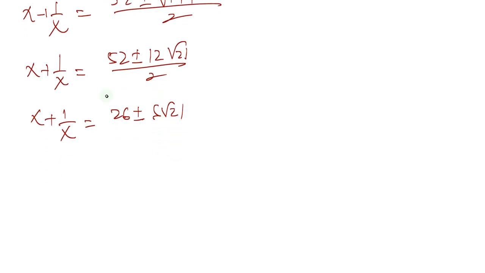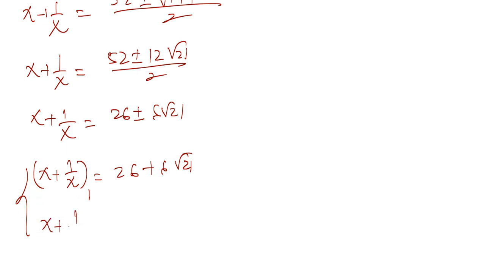So we have two signs here, so it means that x plus 1 over x, let's say 1, is equal to 26 plus 6 square root of 21 here, and x plus 1 over x, let's say 2, is going to be 26 minus 6 square root of 21.